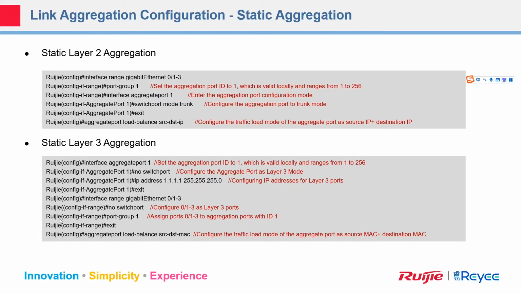And then for the physical interfaces, we also have to change the mode to layer 3 and add them into the aggregation port. And finally, in global configuration, we can decide the load balance based on the source or destination MAC address. So this is the configuration of layer 2 and layer 3. But by default, the aggregation is static.